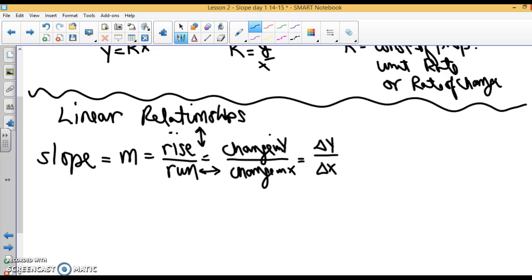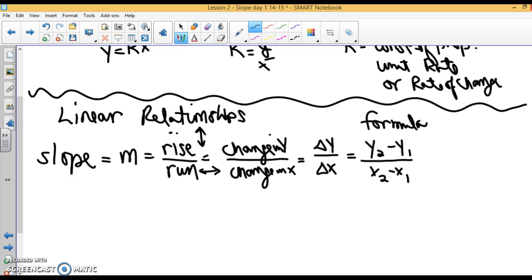The Greek letter delta, which is this little triangle, means change in y or change in x. The other thing you need to know about slope is the formula: y sub 2 minus y sub 1 over x sub 2 minus x sub 1. You are going to need to know all of those things relating to slope.